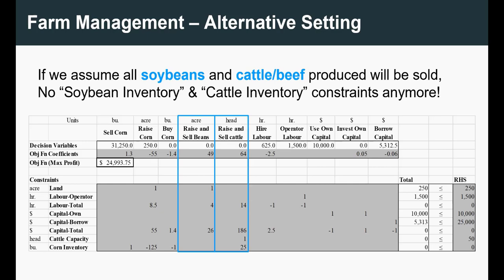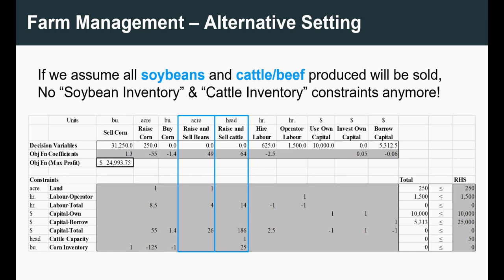And we cannot do that for the corn. It's because the corn case is a little bit more complicated. The producer is buying corn from the market, using some of the corn for livestock, for raising cattle, and the producer is also selling corn, growing corn.